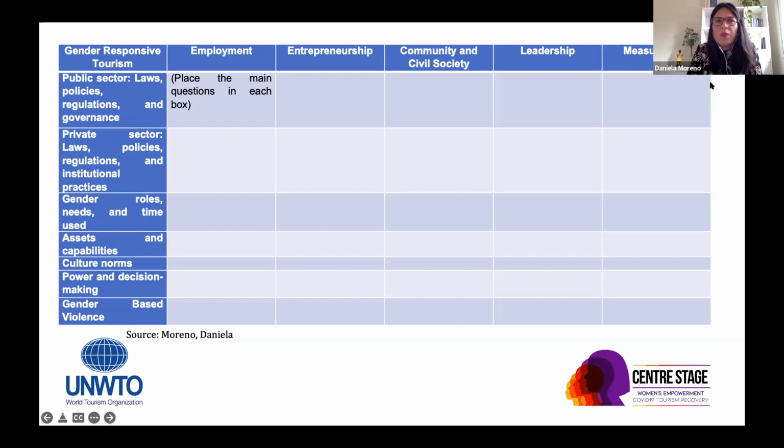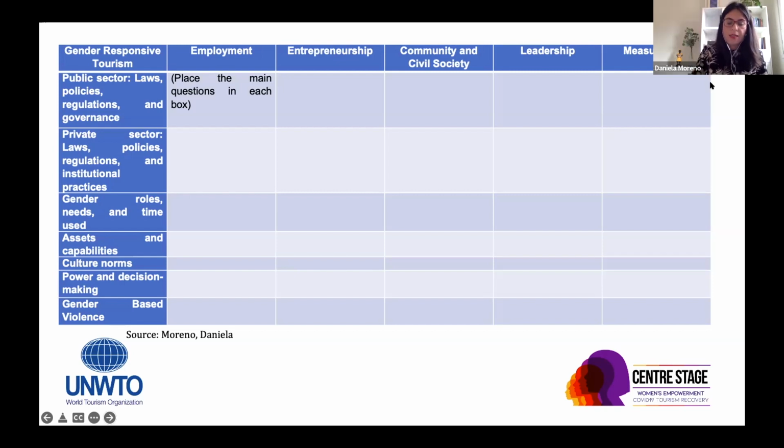So I really want to highlight this because I think that tourism should promote standards to reduce gender-based violence at the core of tourism, and also in other sectors that are very important for tourist development as well.